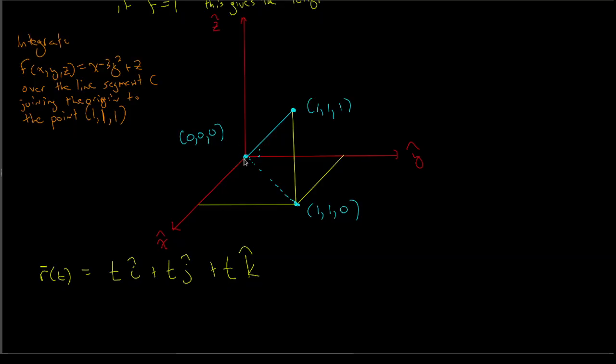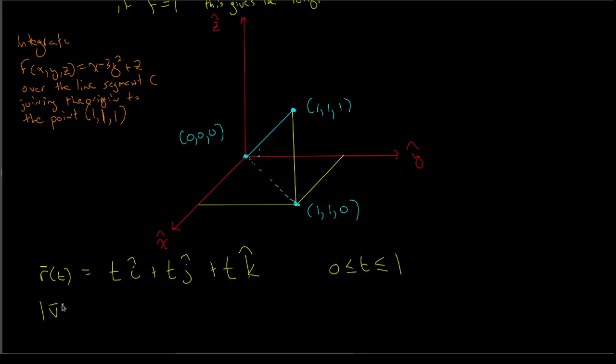So as t moves, because on this diagonal every point has the same value for i, j, k, t will work its way from 0 to 1, and that puts our parameter t between 0 and 1. These have continuous first derivatives.